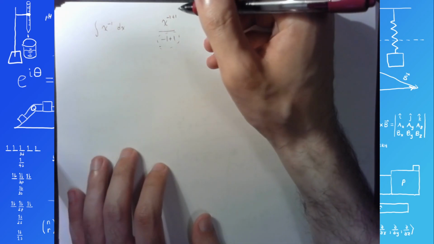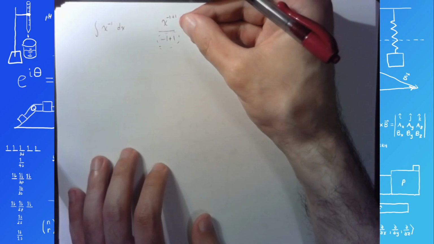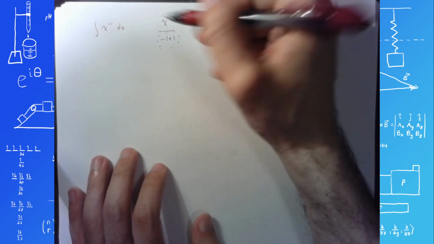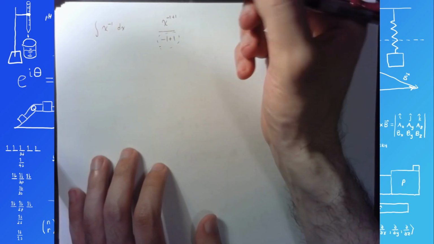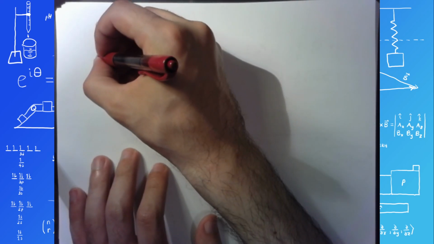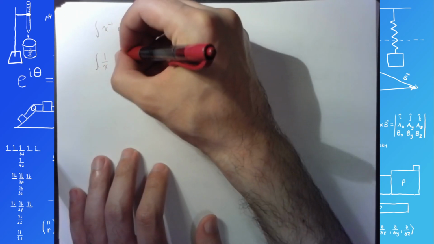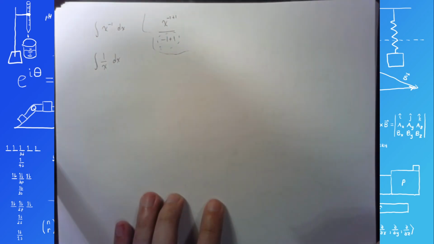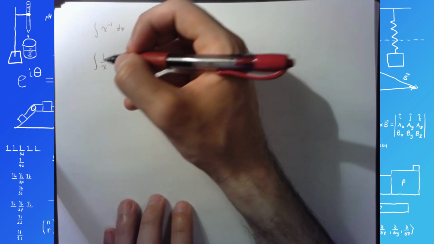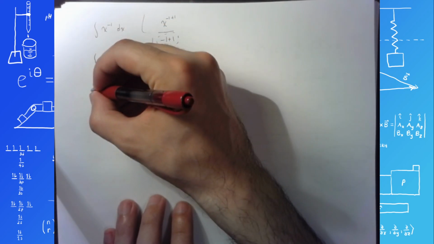But we do know a function, if you already learned derivatives, whose derivative is x to the negative 1. Or rather, another way of writing x to the negative 1 is 1 over x. What function has a derivative of 1 over x? Well, that would be the natural log function.